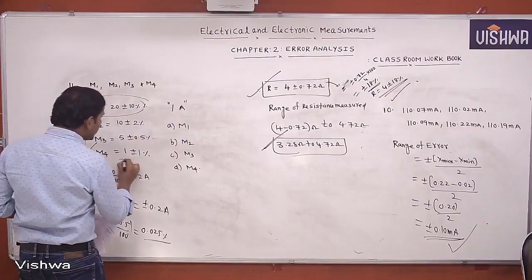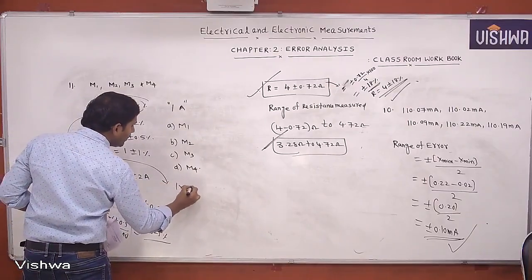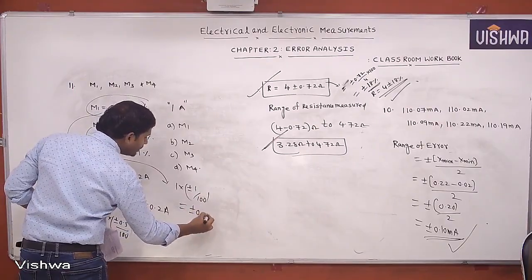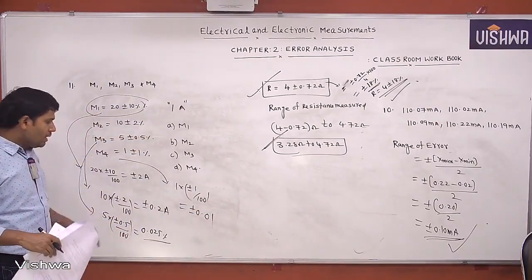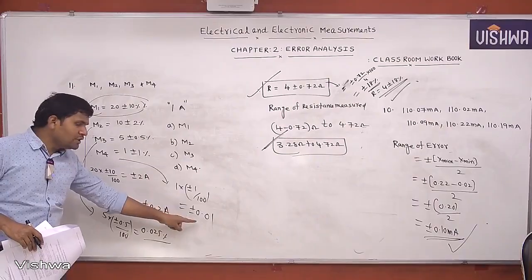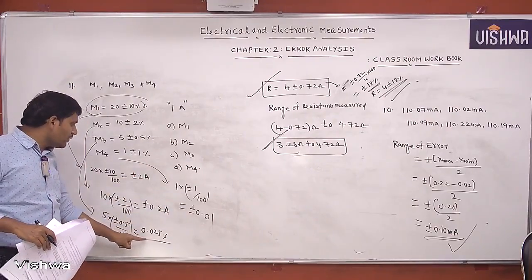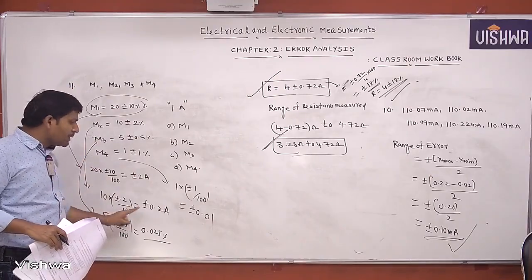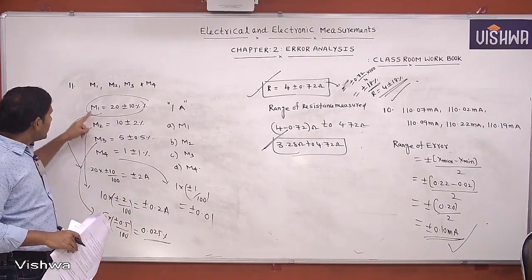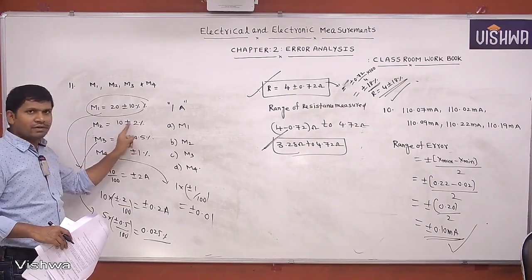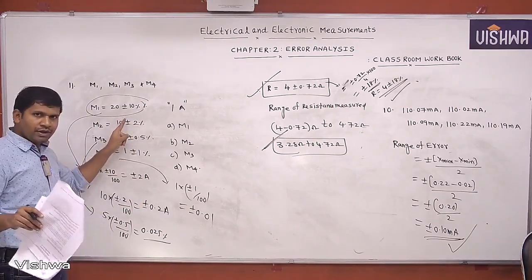What about M4? 1 into plus or minus 1 by 100, that gives plus or minus 0.01 error. M3 gives plus or minus 0.025 error. M2 will give plus or minus 0.2 amperes error. M1 will give plus or minus 2 amperes. Please correct this one, if anything is wrong: plus or minus 10%.